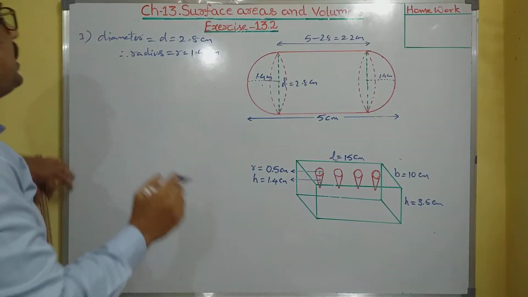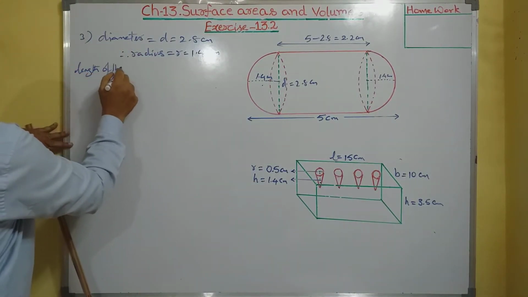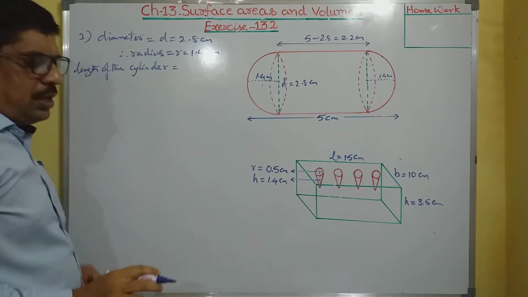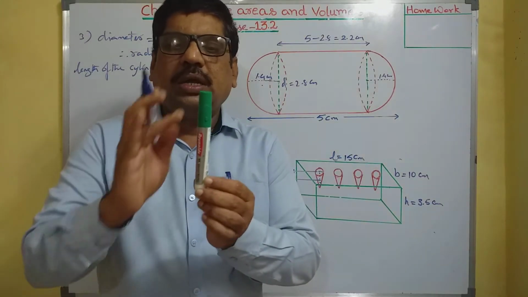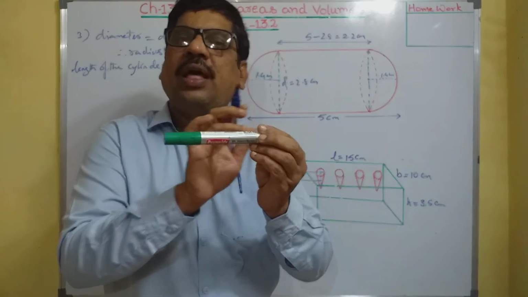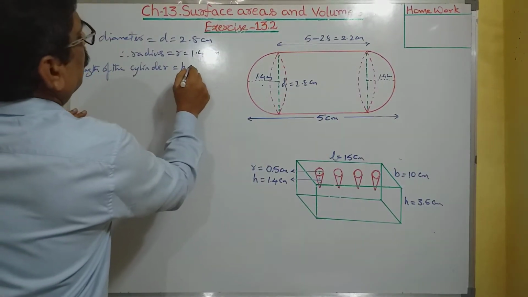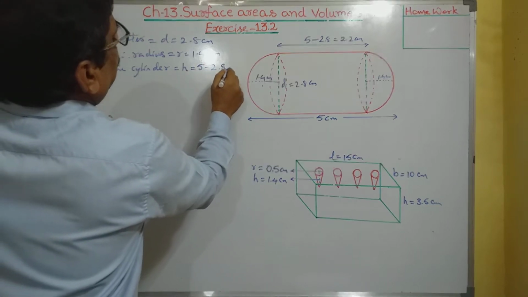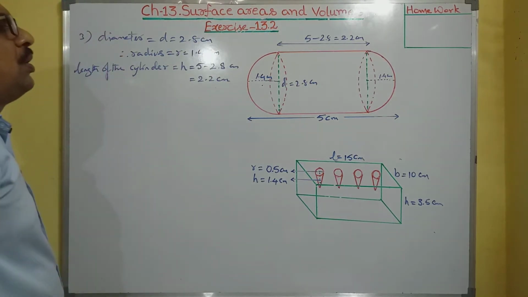So the length of the cylindrical portion: when we keep a cylinder vertically, we call it its height. If you keep it like this, we call it length. So length can be treated as height. So h is equal to 5 minus 2.8 centimeters, that is equal to 2.2 centimeters.